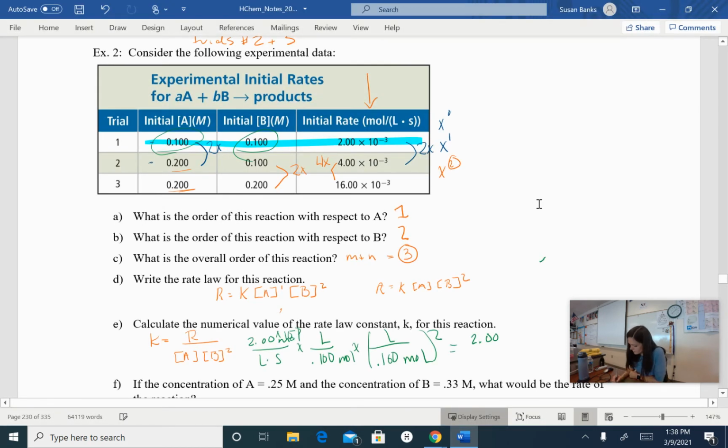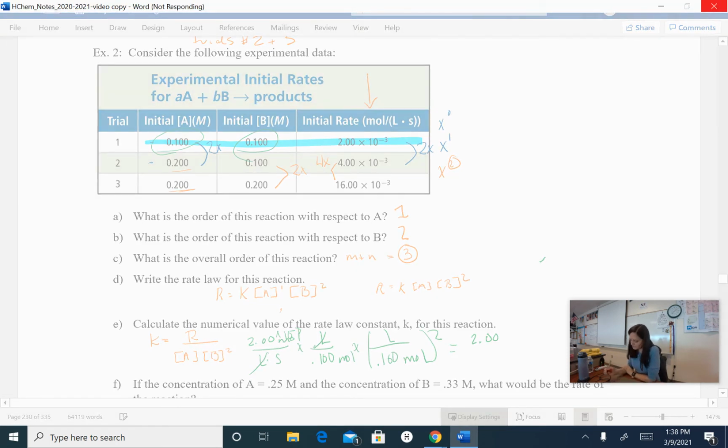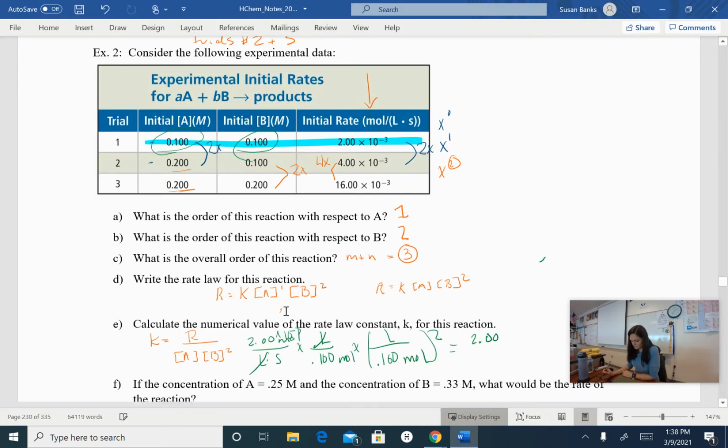Okay, so my liters here cancel, my moles here cancel. My moles here cancel, and I'm left with seconds and the liters squared and moles squared.